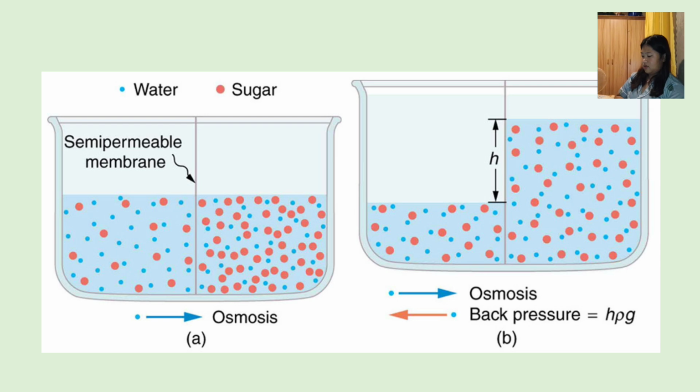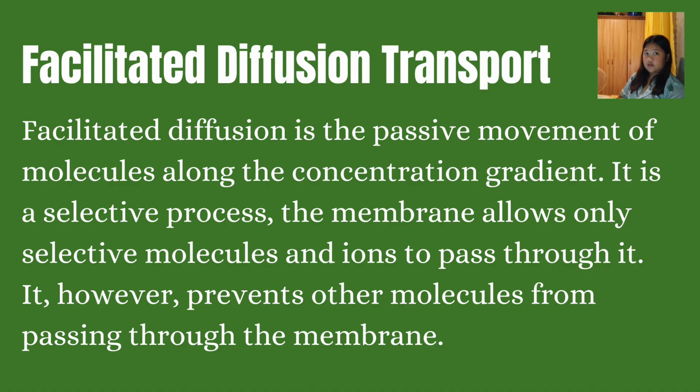They came from the left, which has few water and sugar, which means they came from a low solute concentration, and they go to the right one, which has more water and sugar, and that becomes the high solute concentration.